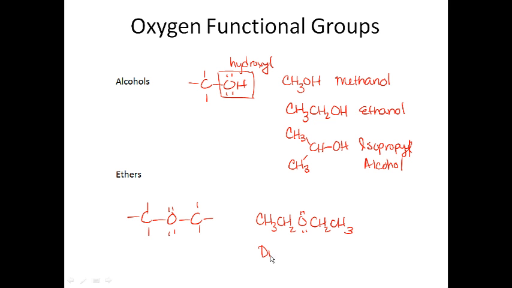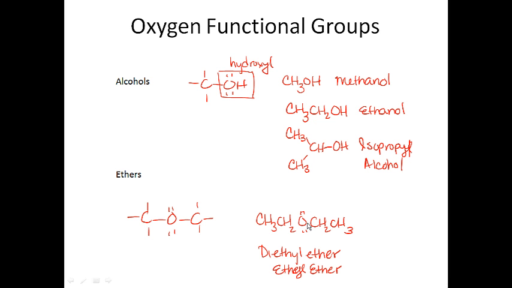This is called diethyl ether, or also simply ethyl ether. Diethyl ether was originally used as an anesthesiology compound early on, because it would be used to knock people out before surgeries or cutting limbs off or whatever they did.